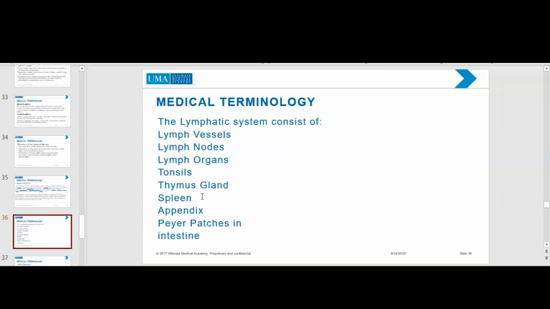The lymphatic system consists of lymph vessels, lymph nodes, lymph organs, tonsils, thymus gland, spleen, appendix, Peyer's patches, and the intestines.